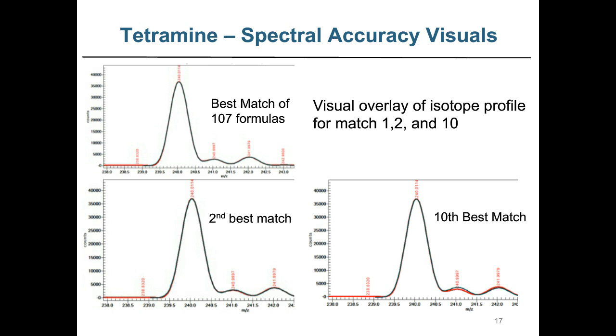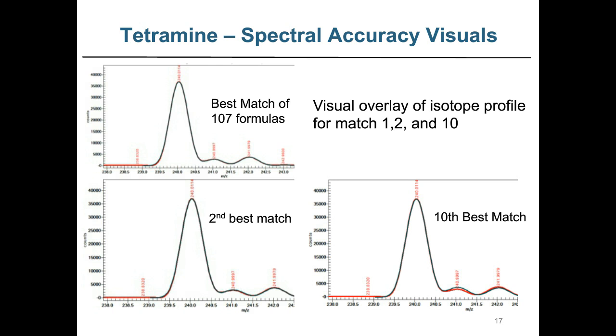So if we look at the top left, what we have is the overlay of the red, which is the calibrated mass spectrum, and the true mass spectrum, in other words, the calculated mass spectrum of that formula. And you can see it's in black, and it overlays very, very precisely over that unknown.